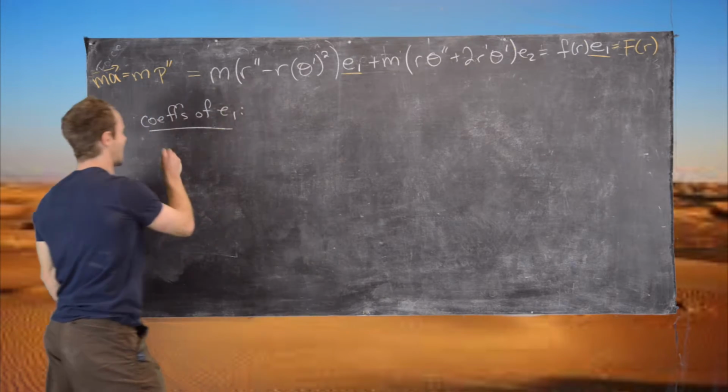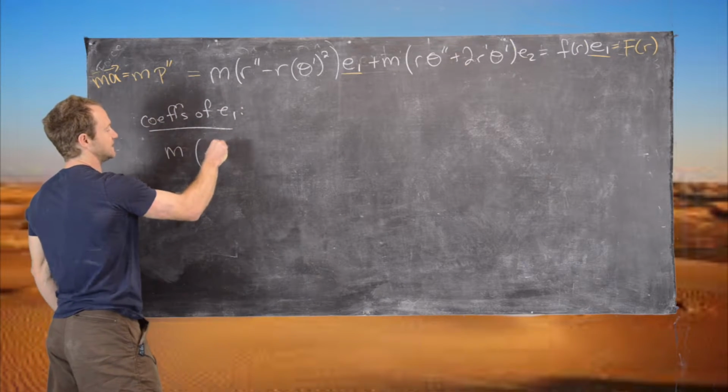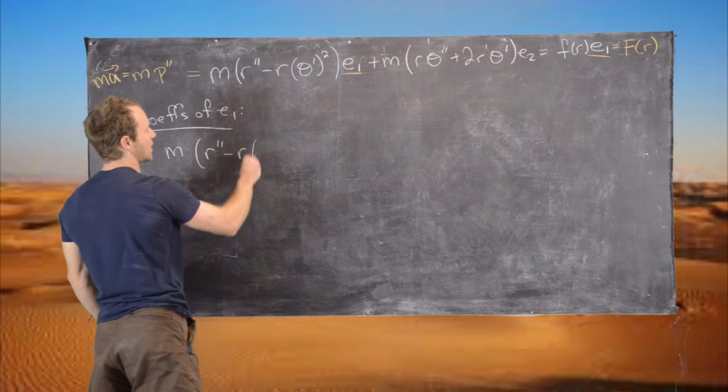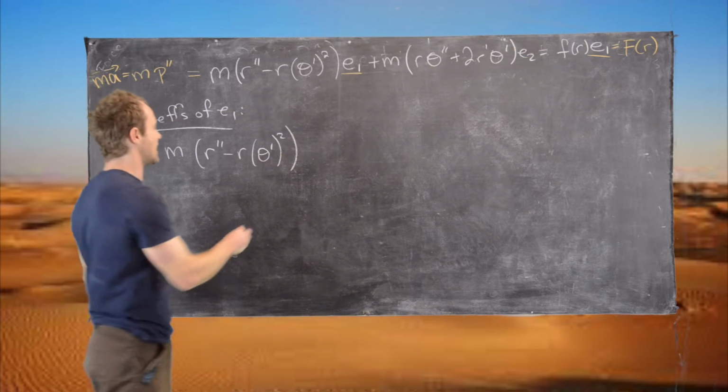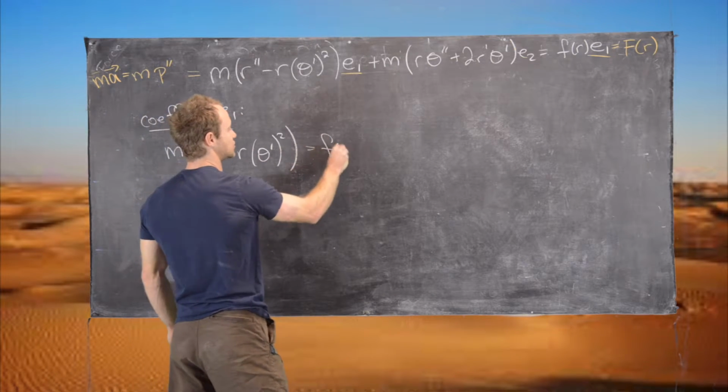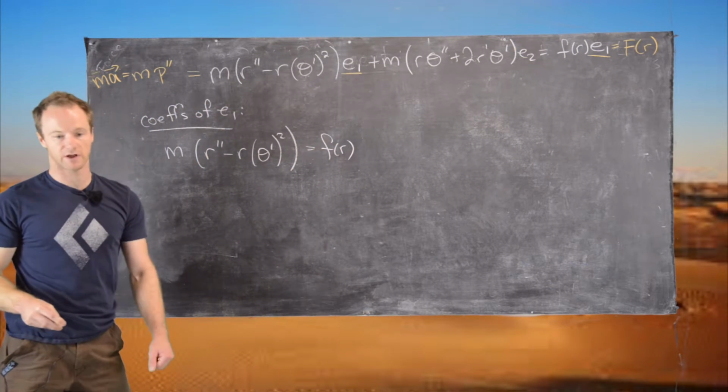So we get the mass times the second derivative of r minus r theta prime squared, and then on the right-hand side, we get this little function f of r. Okay, great.